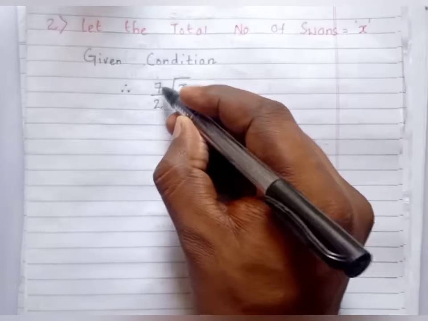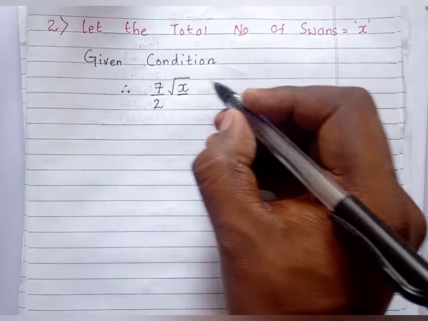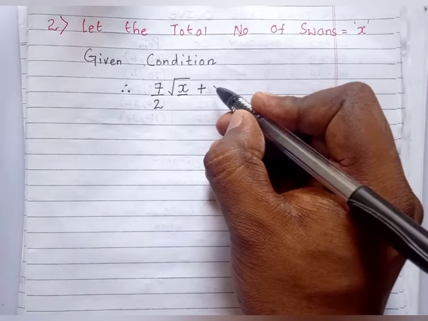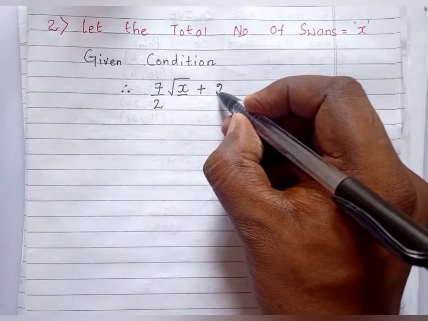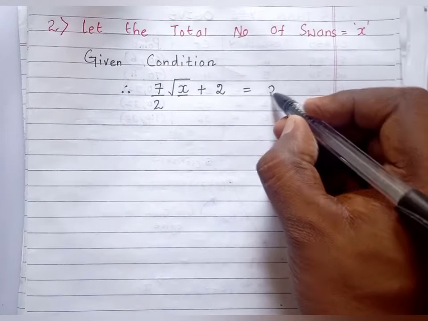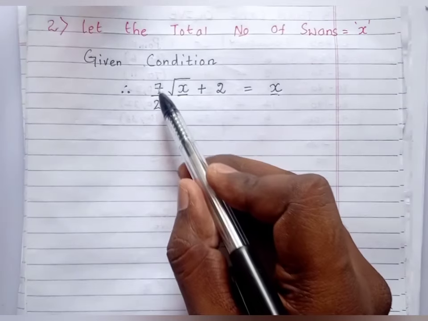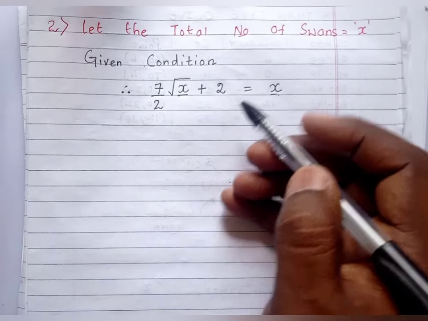Therefore, 7 by 2 the square root of the total number of swans, plus 2, equals the total number of swans. So the total number of swans equals the number of swans playing on the shore of a tank plus the remaining ones.